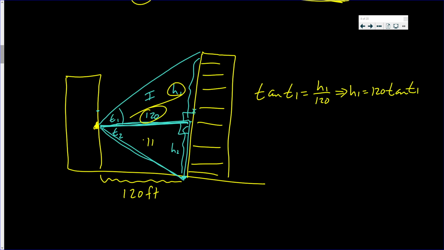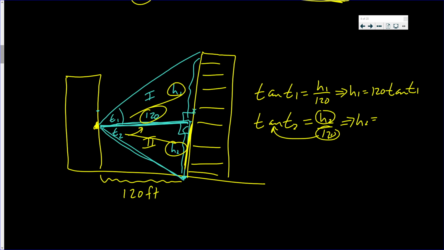Now, this height right here, that can be figured out by the tangent of T2. Tangent of T2 is opposite H2 over adjacent, which is 120. So 120 times that equals H2. H2 is 120 times the tangent of T2.